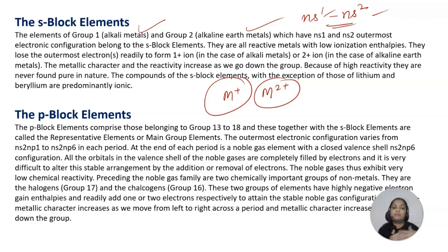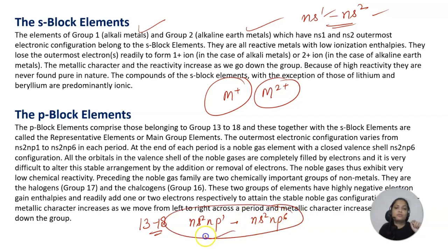If I talk about the p block, group numbers 13 to 18 are there. It starts from ns2 np1 and goes up to ns2 np6. From group 13 to 18, these are called main group elements or representative elements. You know that ns2 np6 is a complete shell: 8 electrons in the outermost shell. So these are your noble gases.